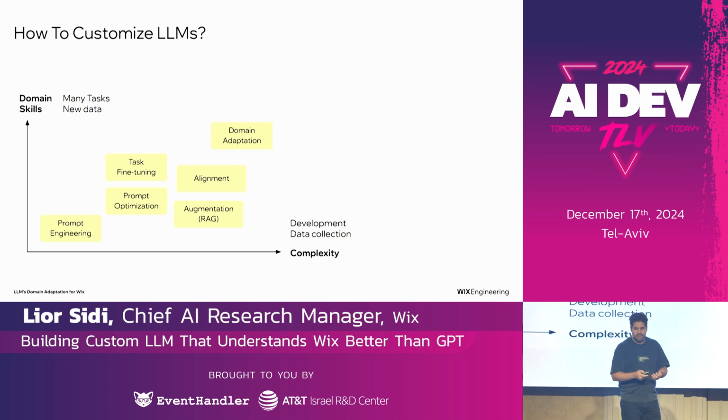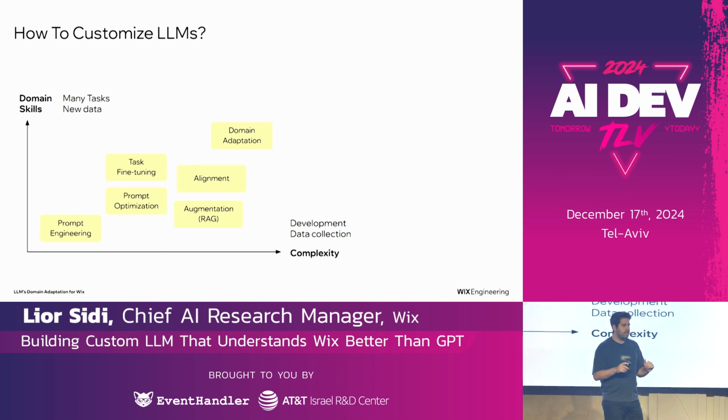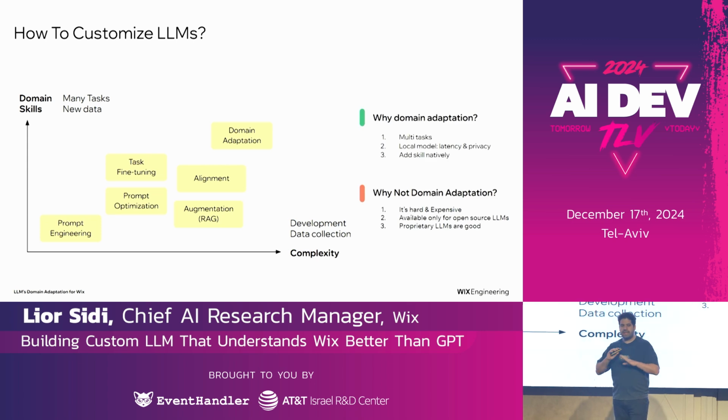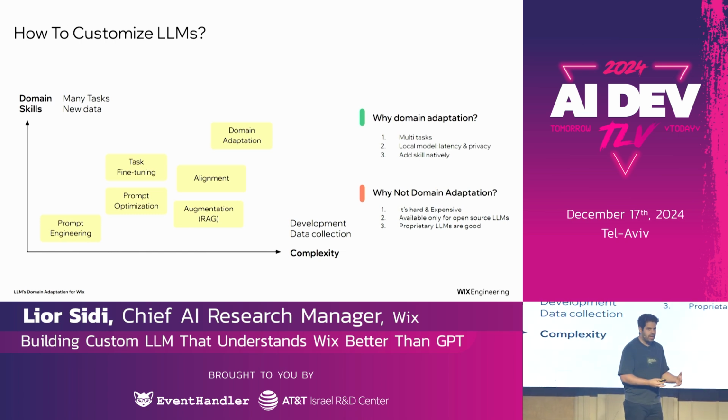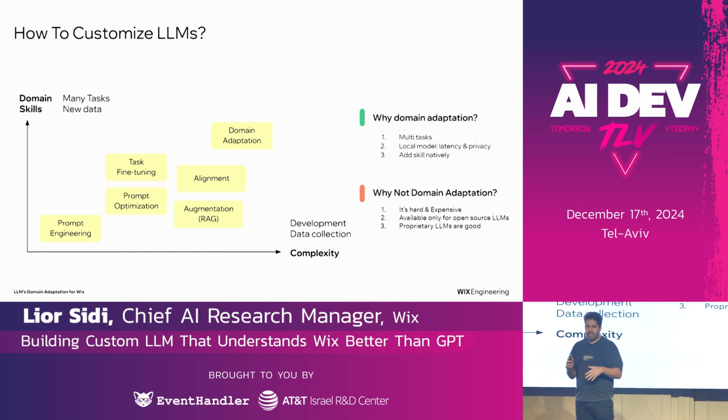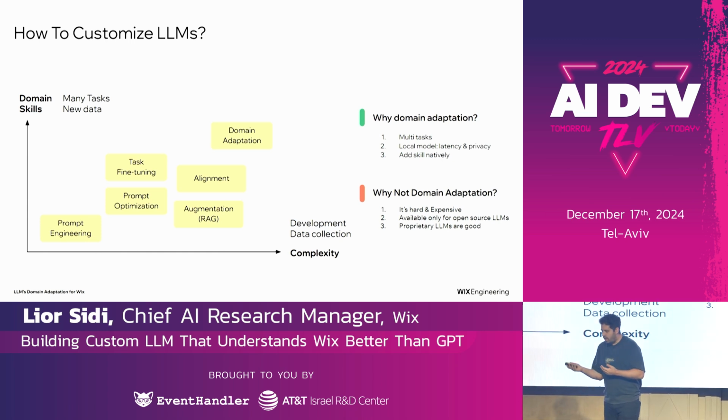But before we start, it's very important for me to emphasize the pros and cons when we go into domain adaptation or multitask training of LLMs. So, okay, you get capabilities natively in your LLM because you now have an LLM, or a smaller LLM. You can run it locally. It might be cheaper. On the other hand, from our experience and what we're going to go through today, I'm going to explain how hard and expensive it might get.